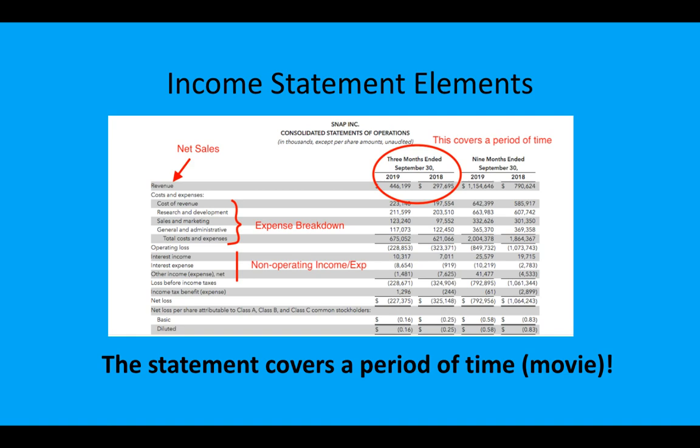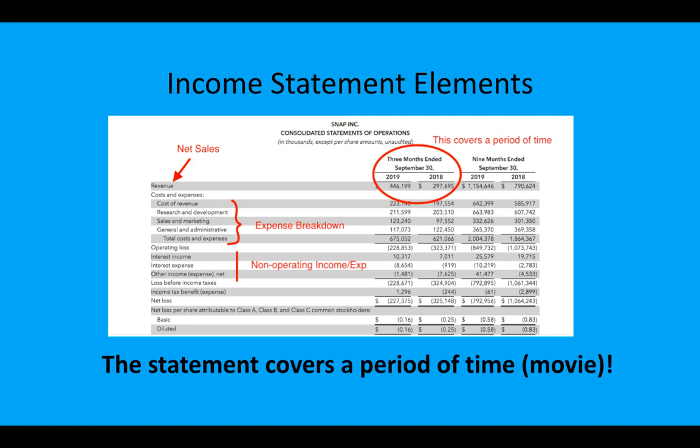So they have to report that into their interest income. And then they also have some interest expenses, and then they have other income expense. So they have a total of 228 million of total expense that they've got to add into their statement. And then the total net loss you see down there is 227.